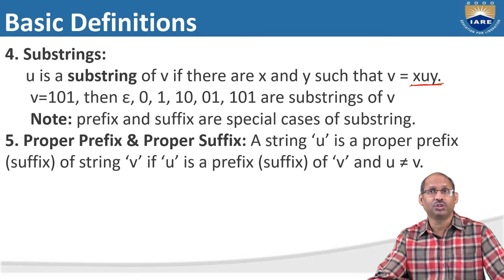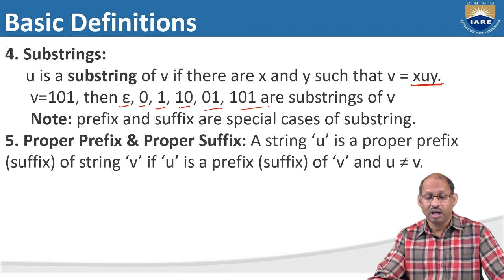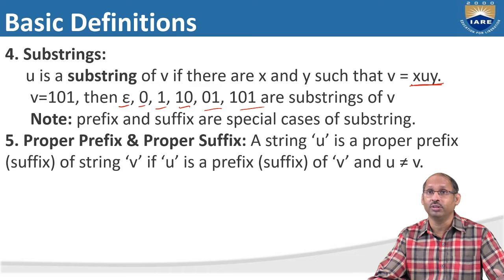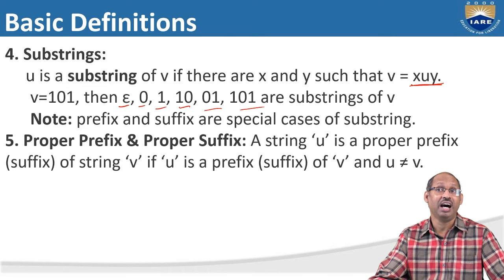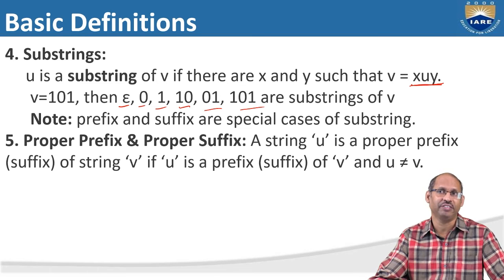Here V equals 101, then epsilon, 0, 1, 10, 01, 101 are all substrings of V. A substring can be obtained by removing 0 or more leading symbols and 0 or more ending symbols, or both, to get a substring of a given string.